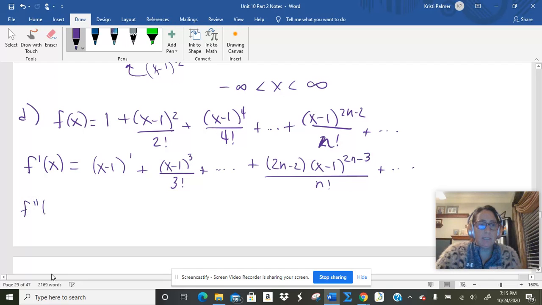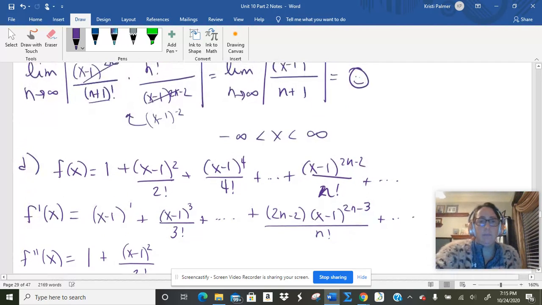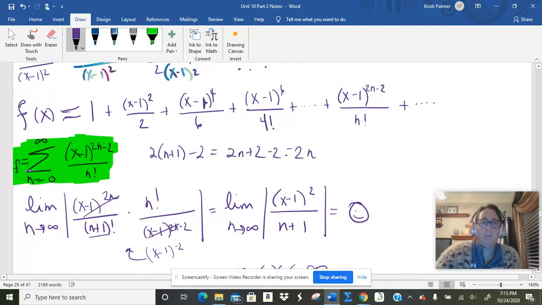And when I take my second derivative, I'm going to get another term here just to help me out. So this part becomes a 1 plus this 3 comes down and cancels. So I have x minus 1 squared over 2 factorial. And that one was harder to see. So I probably wanted to go out maybe another derivative here to see what was going on.